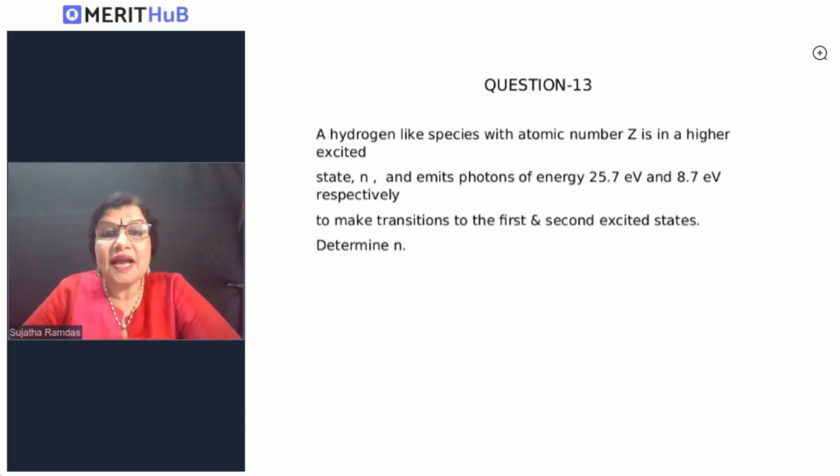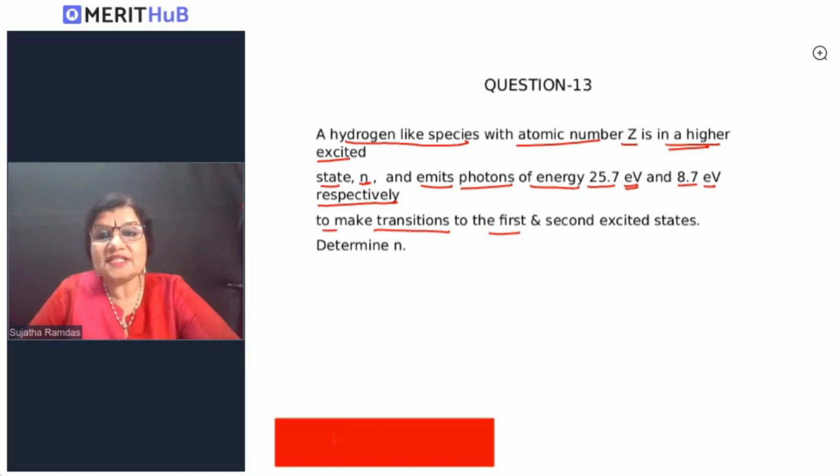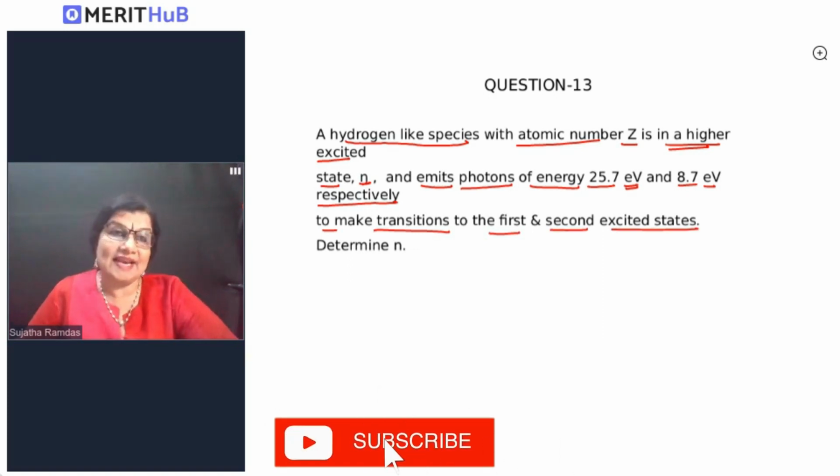A hydrogen-like species, that is important, with atomic number Z is in a higher excited state N and emits photons of energy 25.7 electron volt and 8.7 electron volt respectively to make transitions to the first and second excited states.